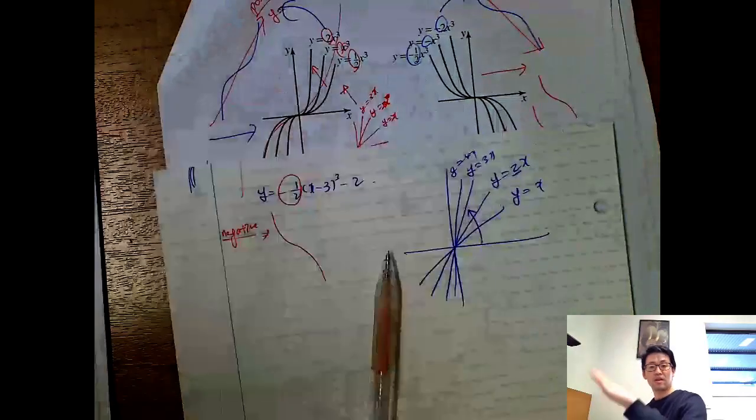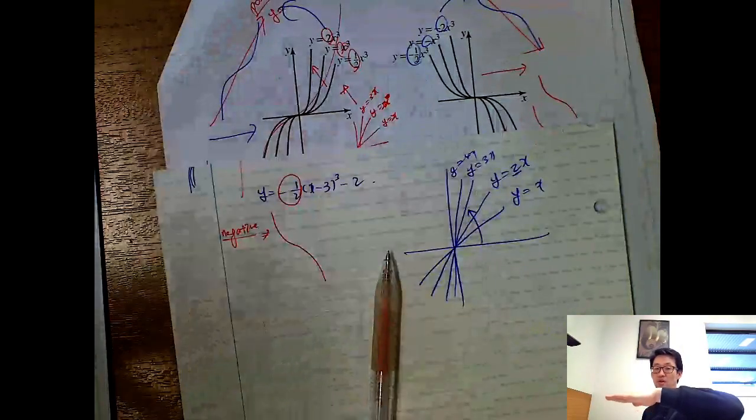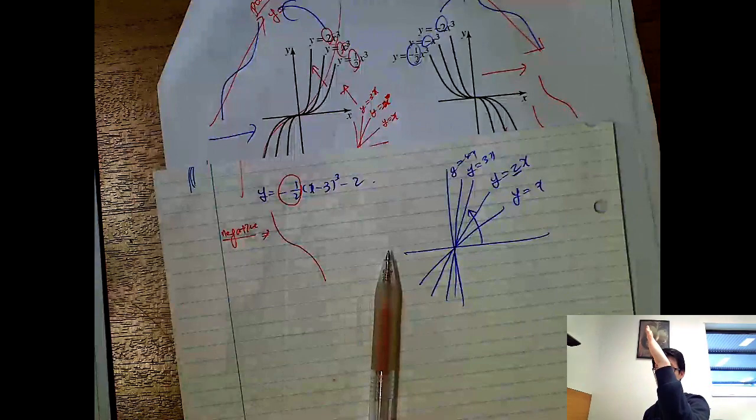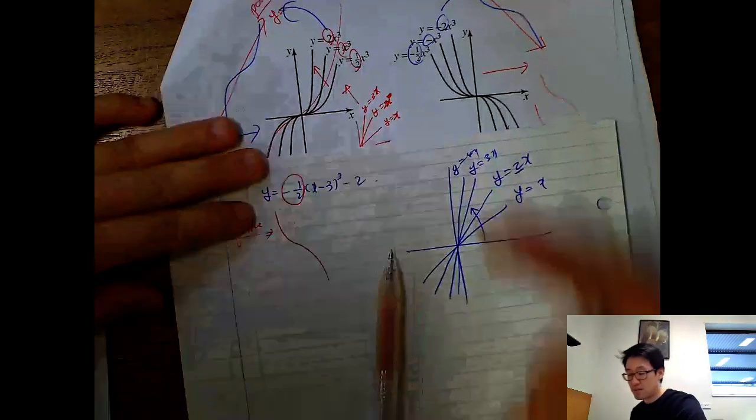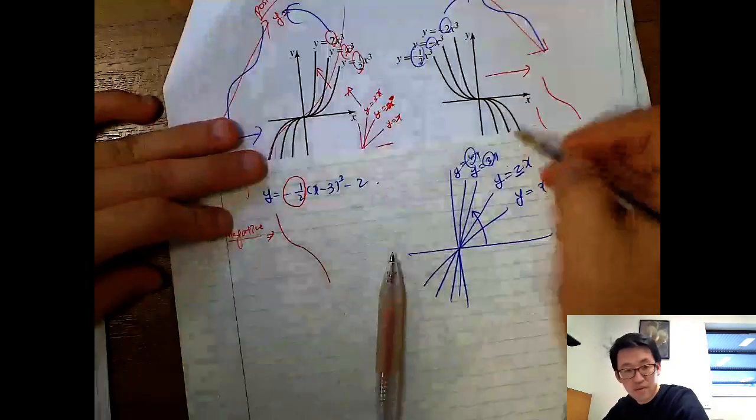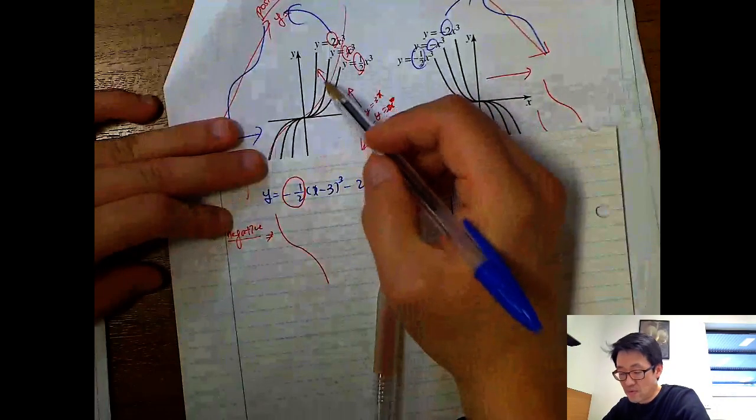Does it make sense? The gradient becomes steeper when a increases, the dilation increases. The same thing happens here.